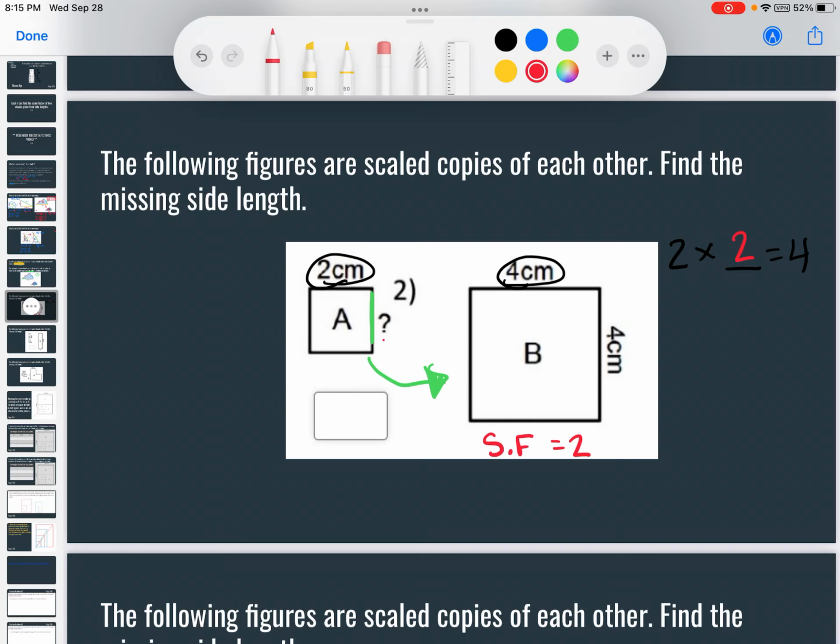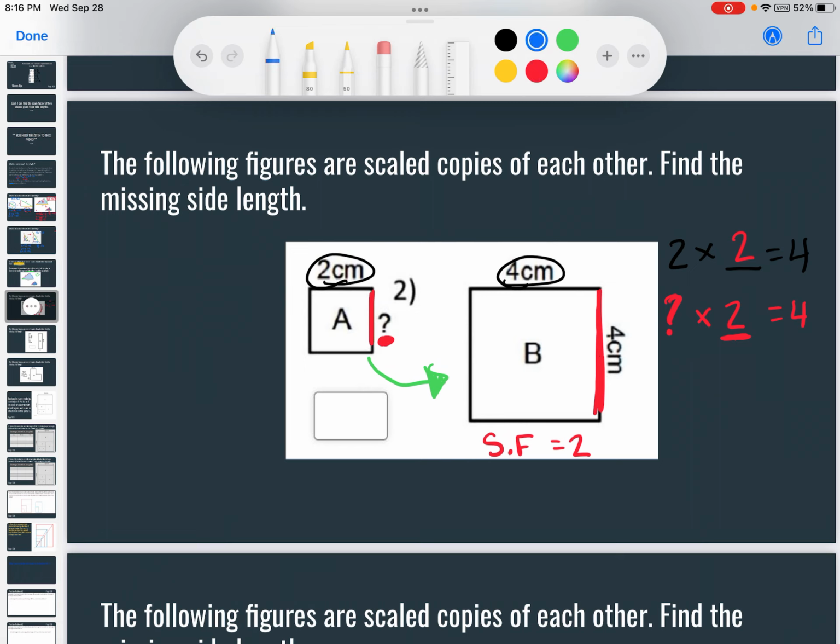So now I know that this question mark times 2 equals 4, because that's my missing side length here. These two are corresponding, okay? So my question mark, whatever this number is here, multiplied by 2, my scale factor, has to equal 4, which was my end side length there.